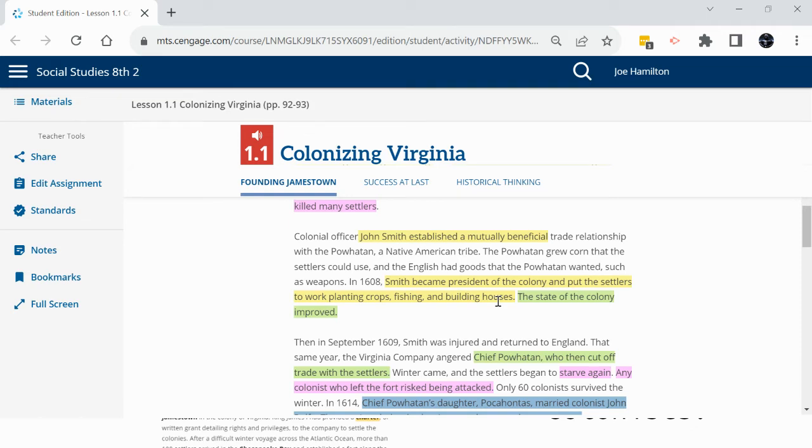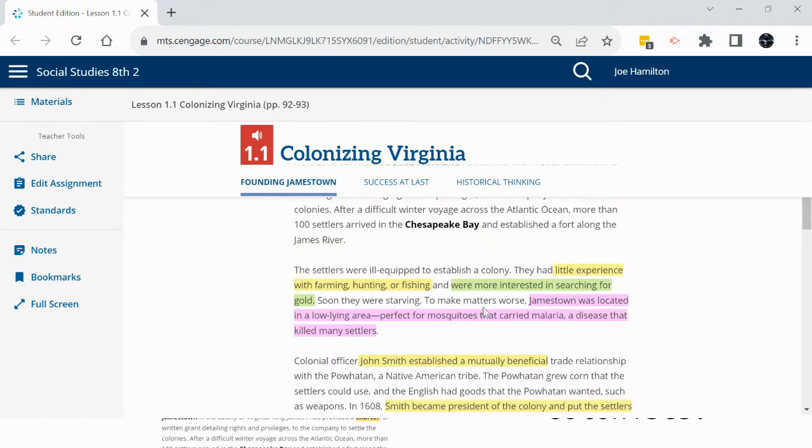And then also here in this third paragraph, the malaria. What did malaria do? How was it caused? How were settlers affected? What were the causes and what were the results? Cause and effect.